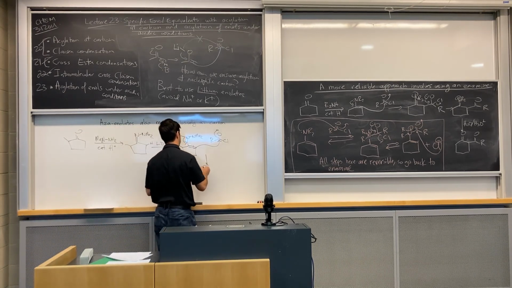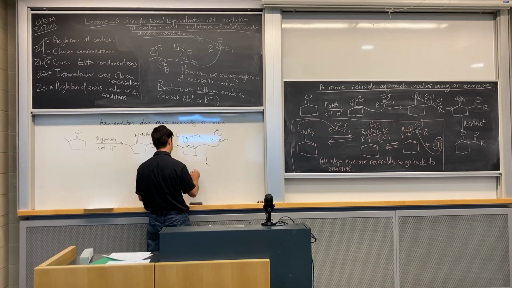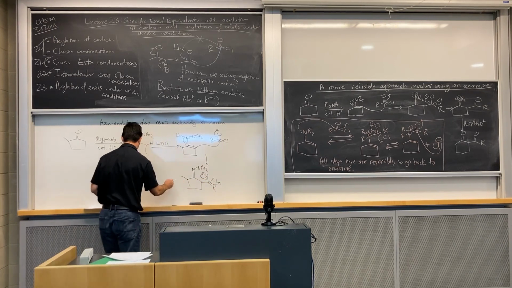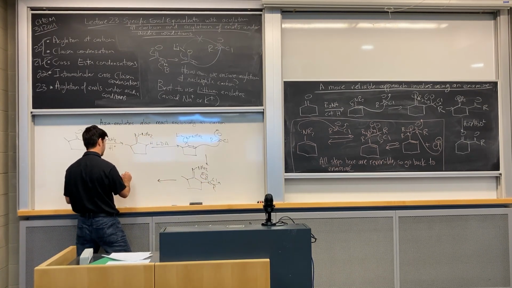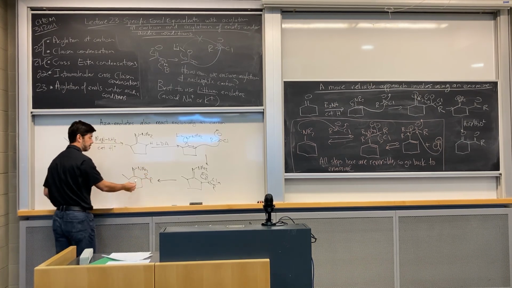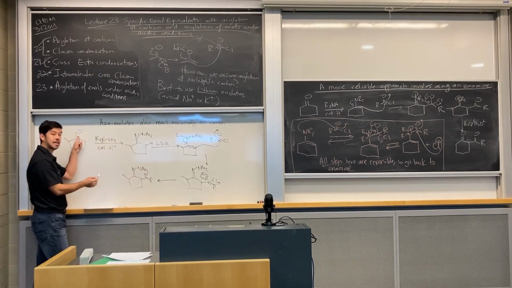Okay, so just to complete this, what you'll end up generating is this tetrahedral intermediate. Electrons go down, chlorine gets displaced off, and then you have your amine that you still need to get rid of, right? Because you got to go back to your starting ketone.